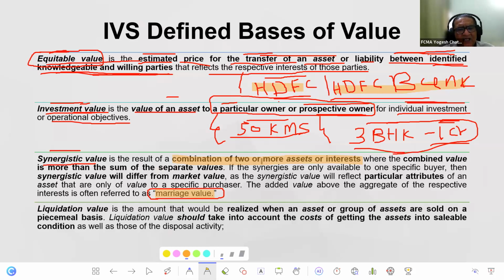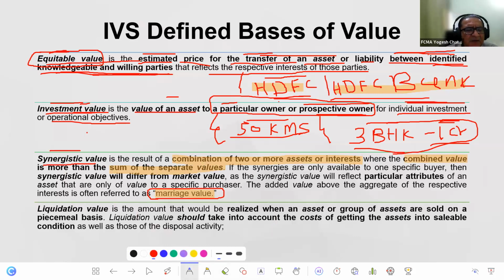That is the result of combination of two or more assets or interests, where the combined value, this is very important, is more than the sum of the separate values.